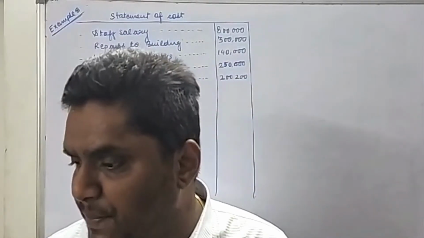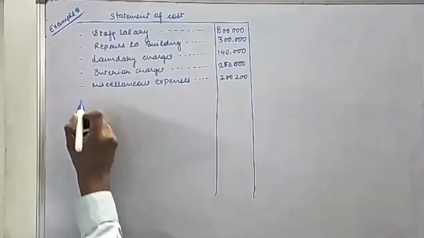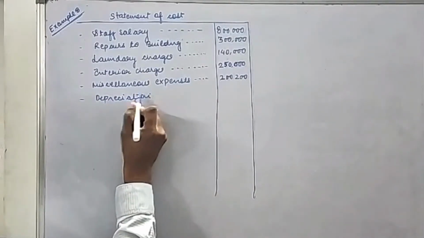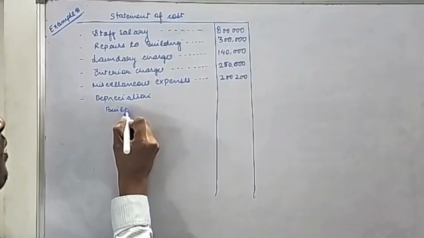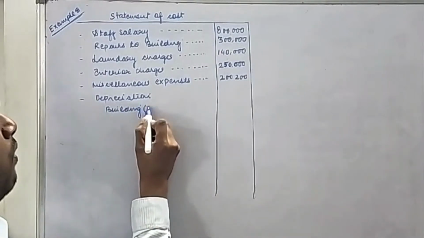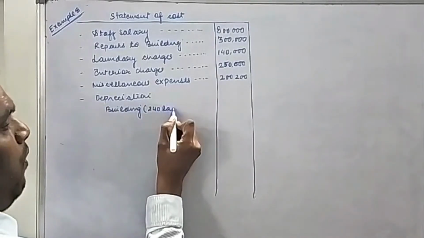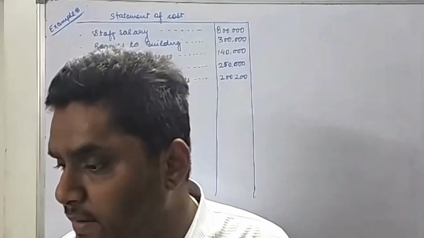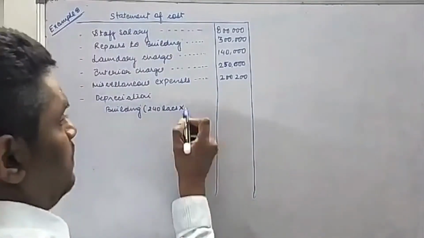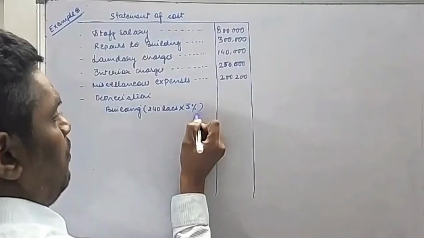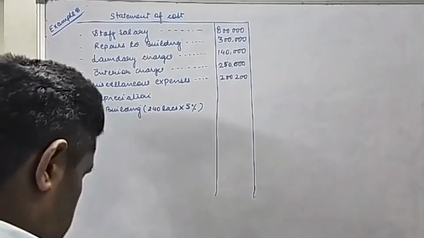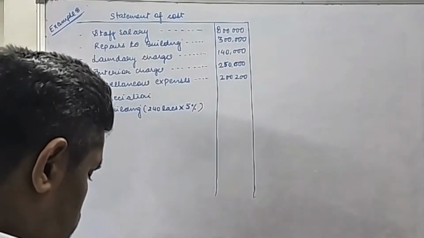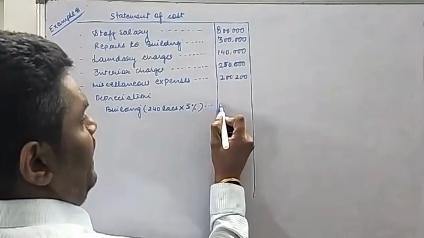Now let's start with depreciation also. So 240 lakhs into 5%, so this will be 12 lakh.